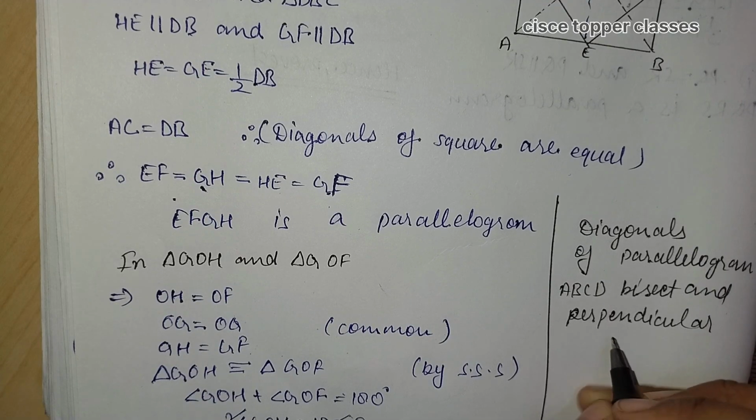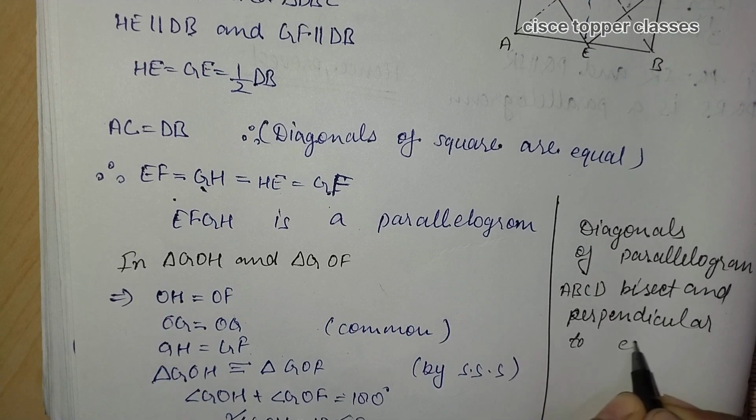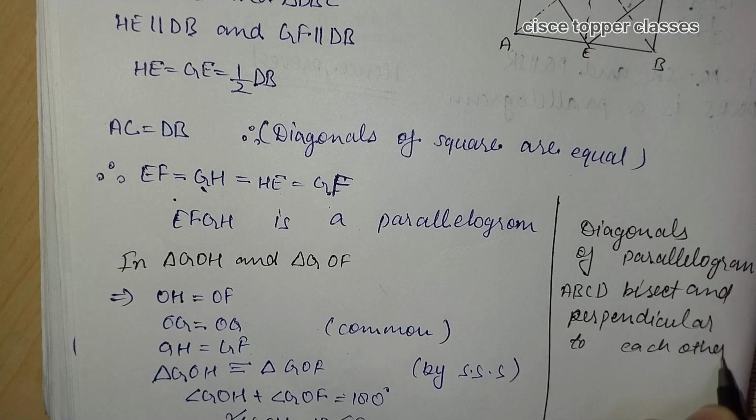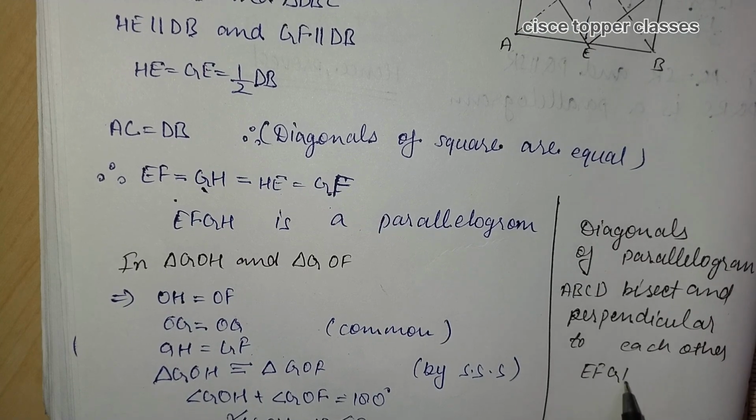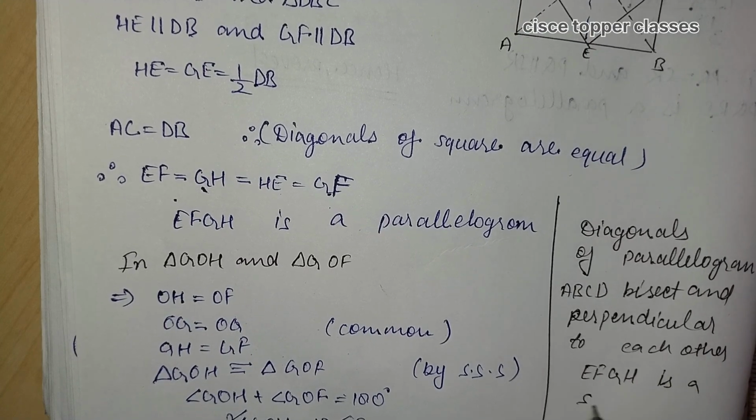So we can write that EFGH is a square, hence proved.